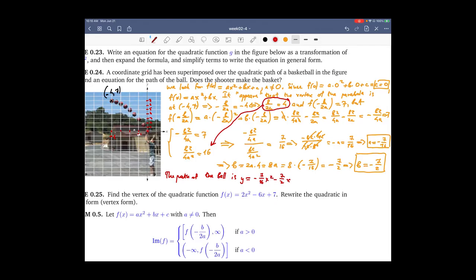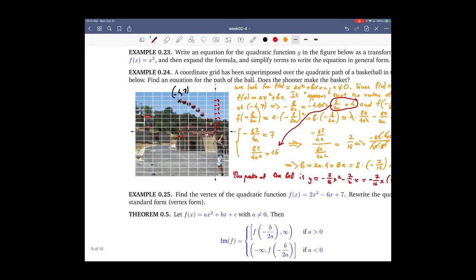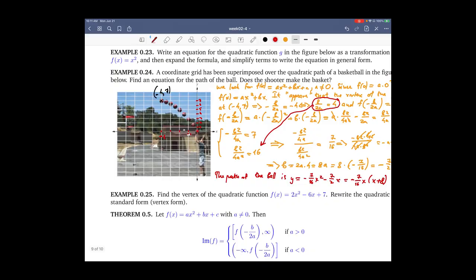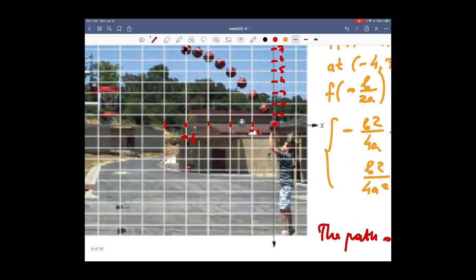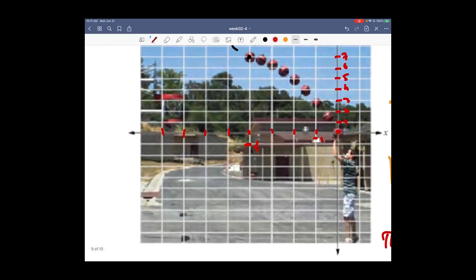Or if you factor out −7/16 x, what's left in parentheses is x + 8. This, by the way, gives me the other root of the parabola. I knew one root was 0. The other root will be −8. And that point is where? −5, −6, −7, −8.